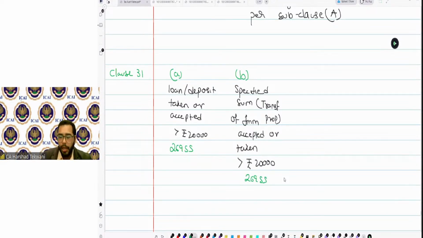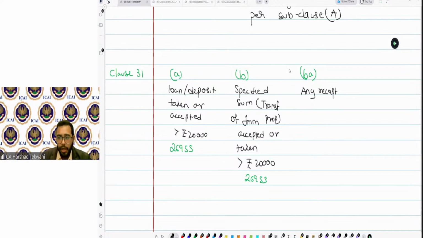Now comes the next clause, which is BA. BA talks about any receipt in an amount exceeding the limit specified under 269ST.